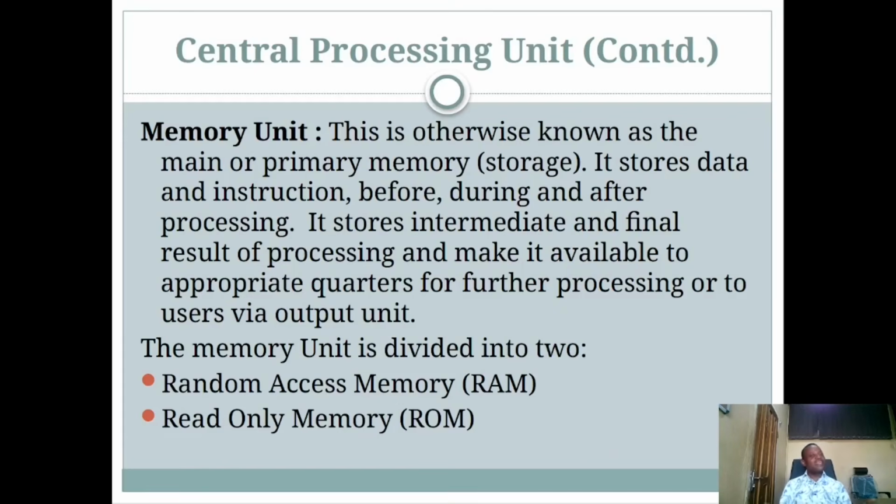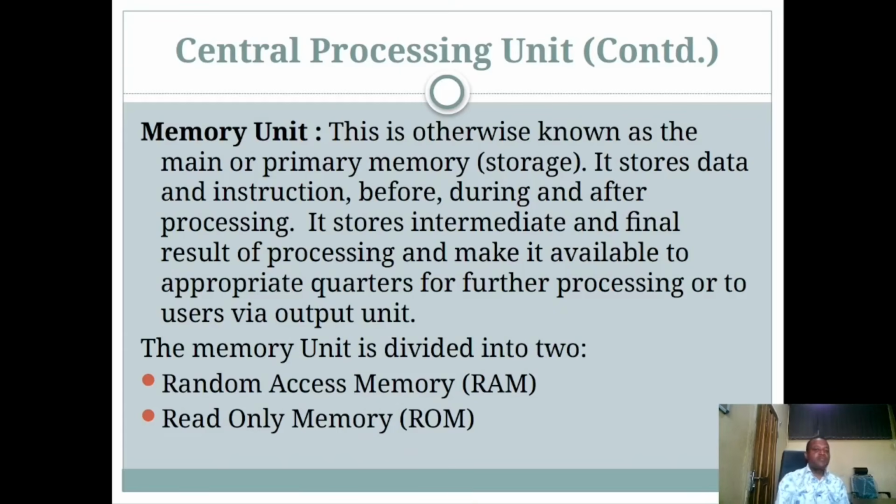So whenever there is a blackout, whenever there is a power outage, what is in read-only memory does not disappear. If you put your computer system back on when light comes again, then you're sure going to see those things in there still remaining intact.